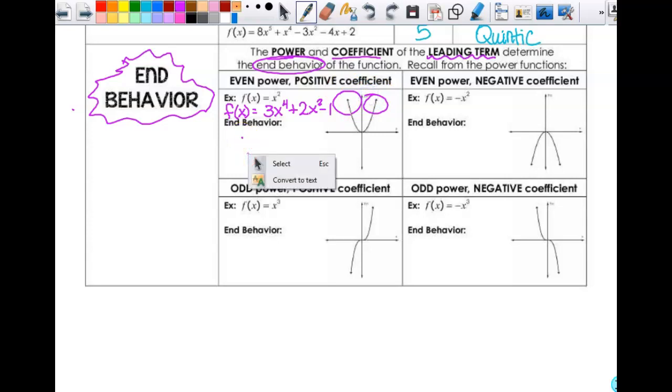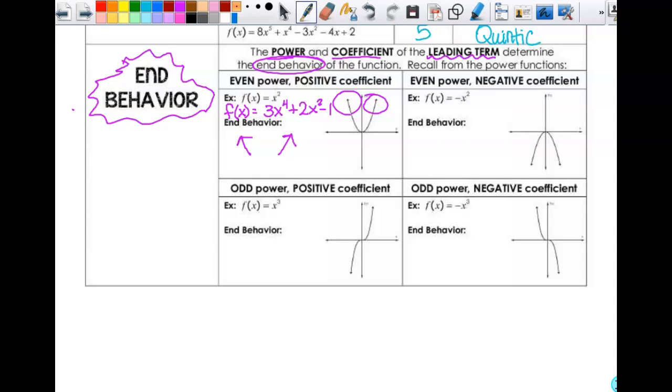So it's just up, up. Okay? Now, the words are still important. You know, as x approaches infinity, f of x approaches infinity. As x approaches negative infinity, f of x approaches infinity. But for what we're going to use this for, we also need to think about it just this. It's just up, up. Okay? That's all that's happening, and that's what I can figure out from that. Okay? We good on that?